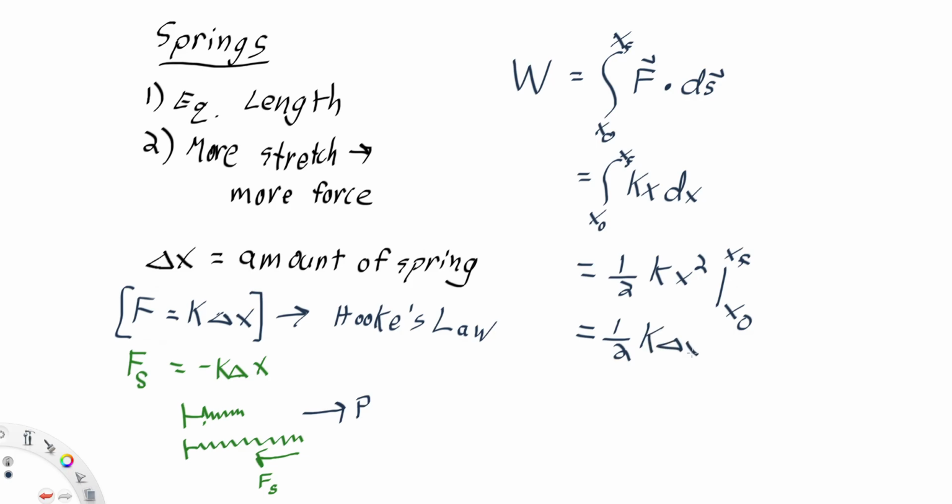So if you do stretch or compress it away from its equilibrium length, then you have stored some energy in it equal to 1/2 k delta x squared. All right, any questions here? Yes, no, maybe?